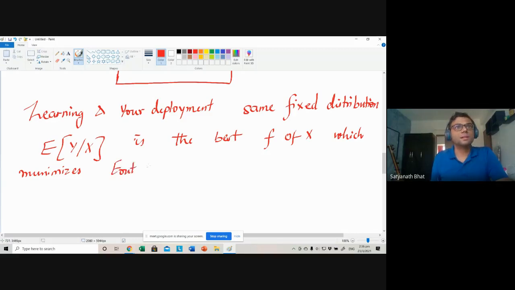E out is the actual risk of the classifier. Sorry, this is not what I should write. This is (f of x minus y) whole squared. This we saw. I'm not going to prove it again, but the best f of x that you can get is E of y given x. This is the best that you can do.